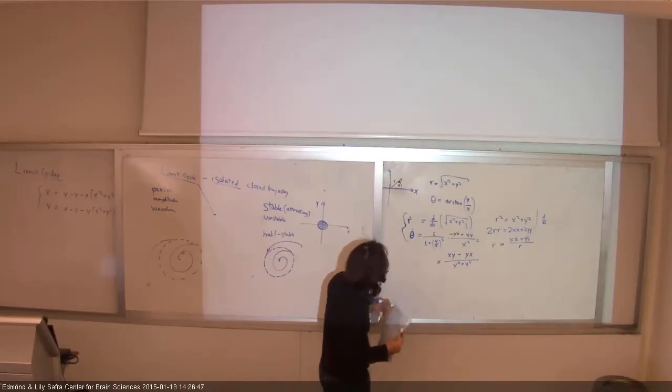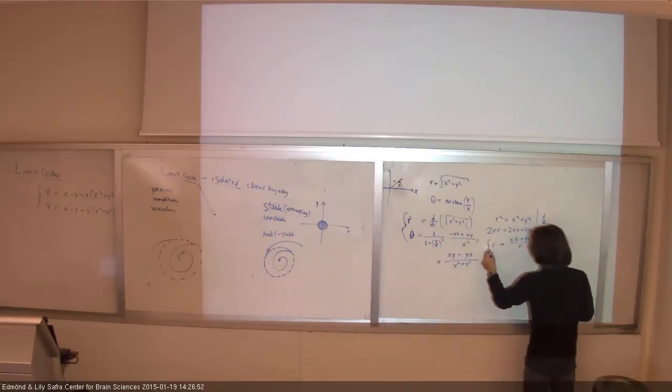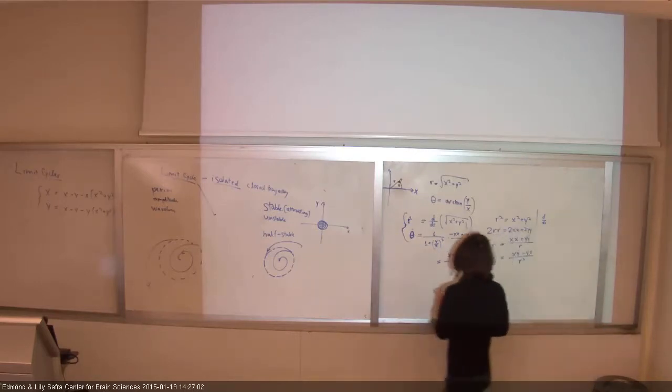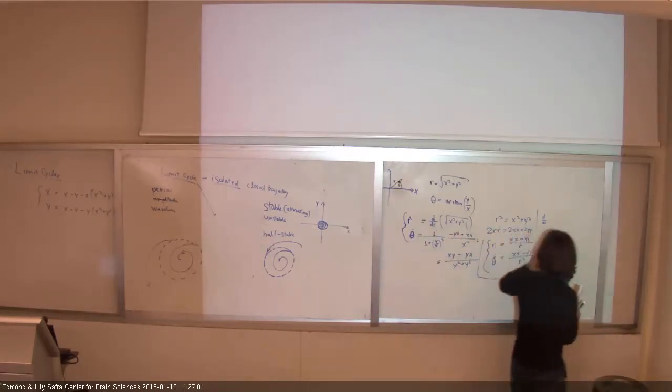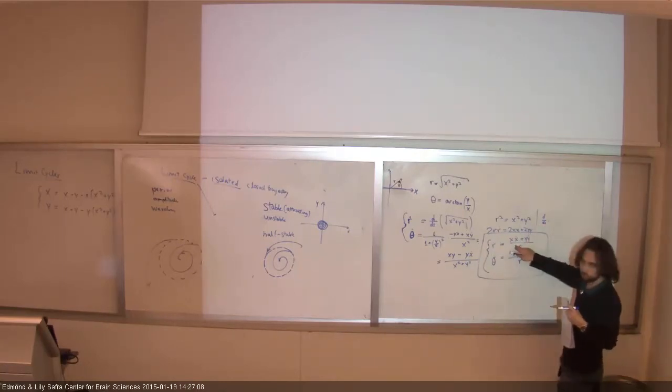Right. So basically, I have these two relations. I'll write the theta dot again. I have this, and then if I want to know r dot and theta dot, I just substitute my given system into x dot and y dot.